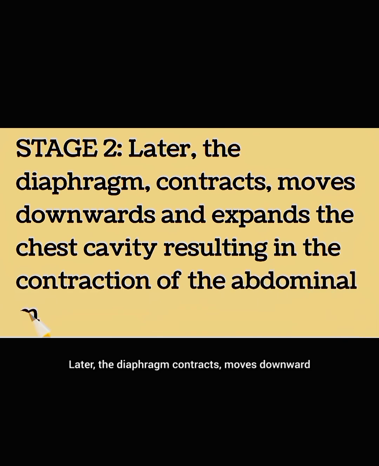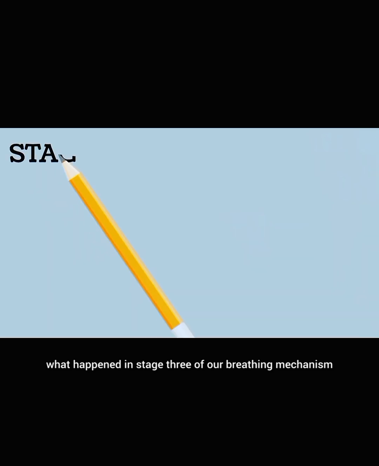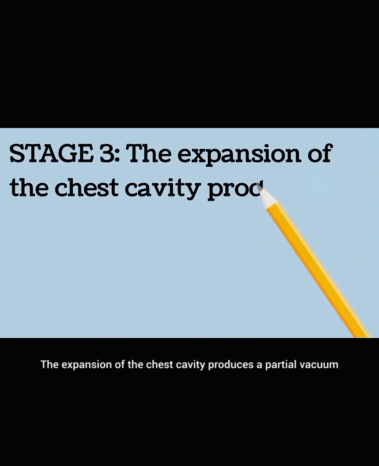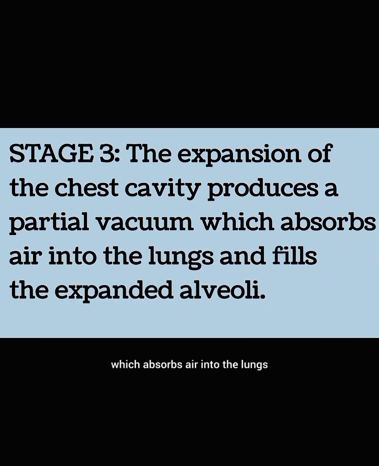Later, the diaphragm contracts, moves downward and expands the chest cavity, resulting in the contraction of the abdominal muscles. Let's look at what happens in stage 3. The expansion of the chest cavity produces a partial vacuum which absorbs air into the lungs and fills the expanded alveoli.